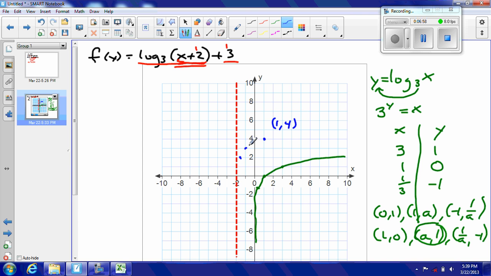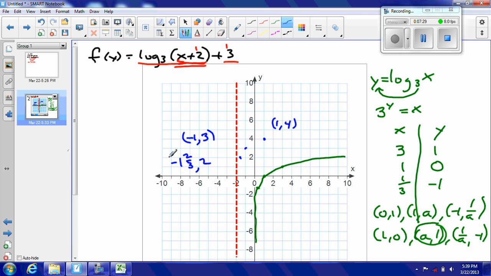This point over here is (-1, 3). And this point over here, this is a weird point. It's hard for me to do here. But that would be (-1 2/3, 2).